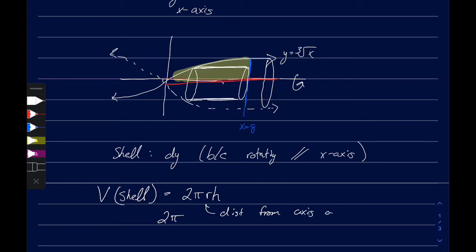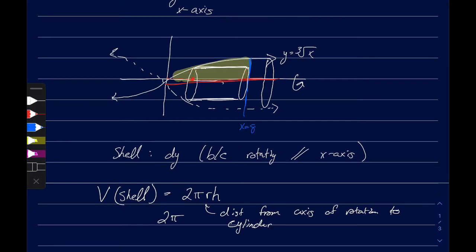from the axis of rotation to the cylinder. So our r is going to be from our point here, this red point, to that.